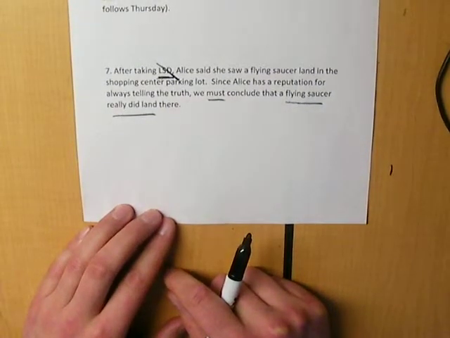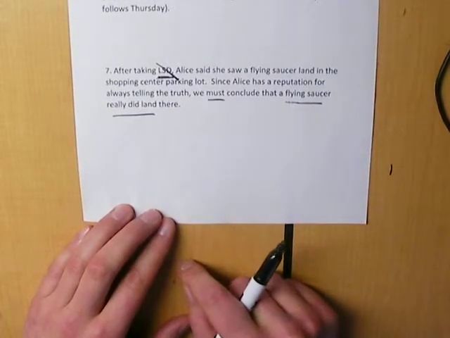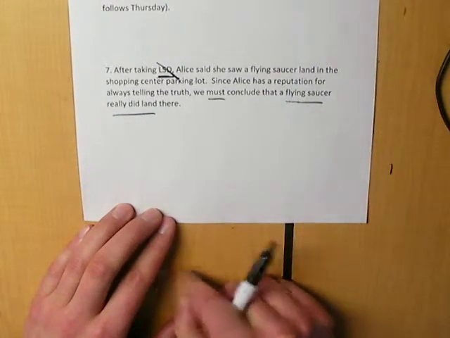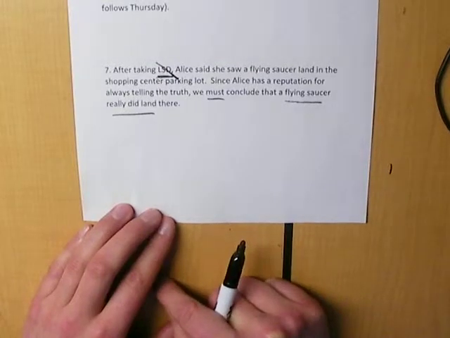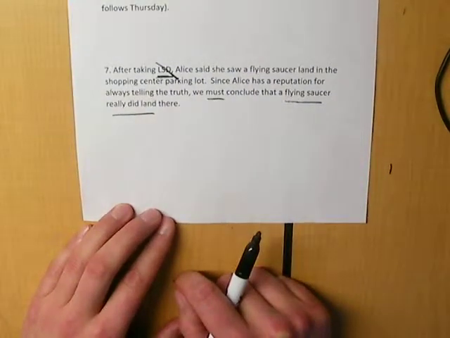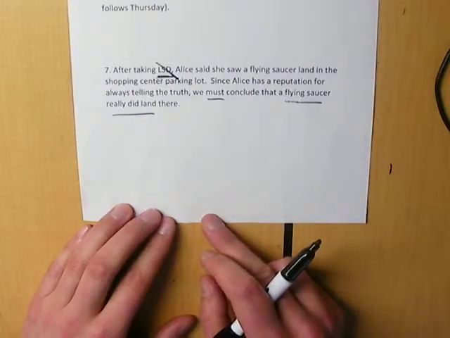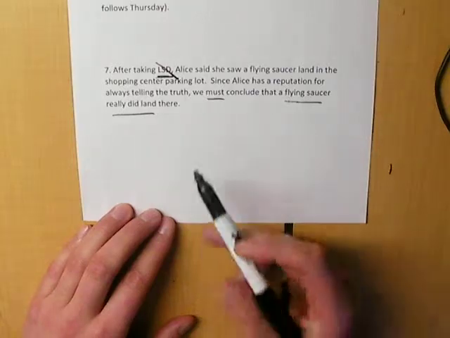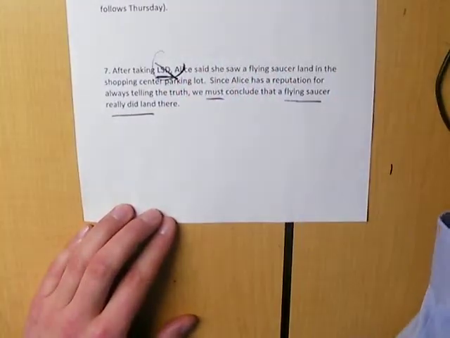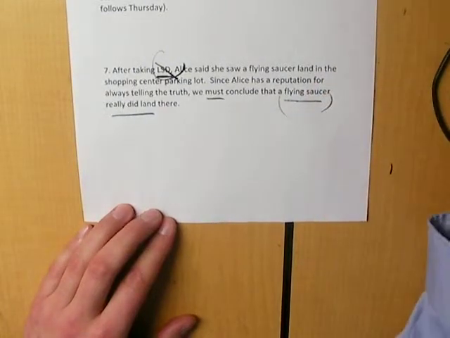Now, if 100 independent witnesses all said this, and none of them were doing LSD, they're not a part of a cult, the testimonies are all independent, then we're getting stronger. But that's a really extraordinary claim. It requires extraordinary evidence. This is not, by any stretch, extraordinary evidence, and that's enough to do it. The claim itself is enough to do it.